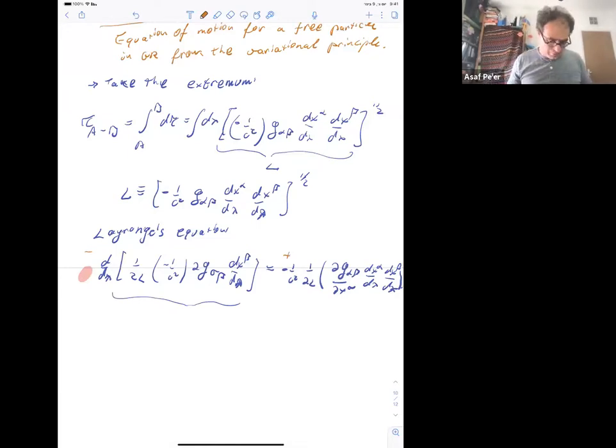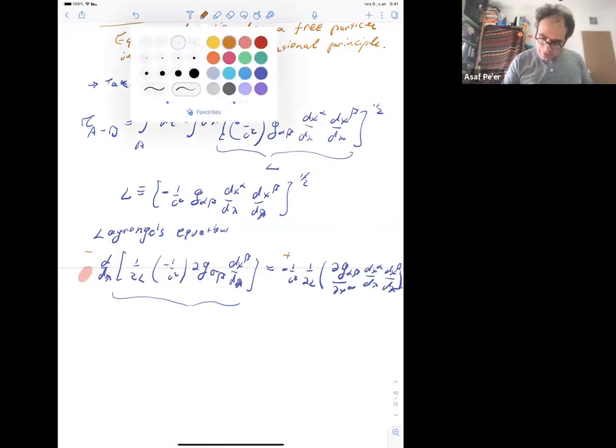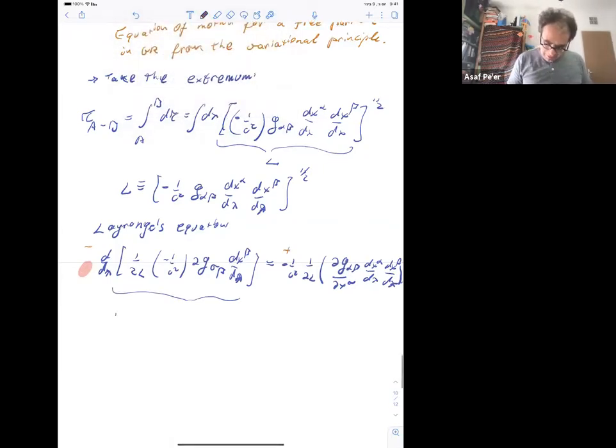And so this ends up the same as what we had previously. The left-hand side is just d over d tau of g sigma beta dx beta over d tau. And on the right-hand side, I have to put L again. No, sorry, okay.